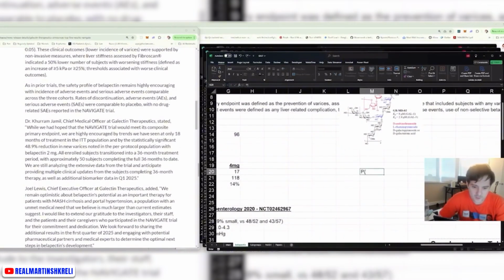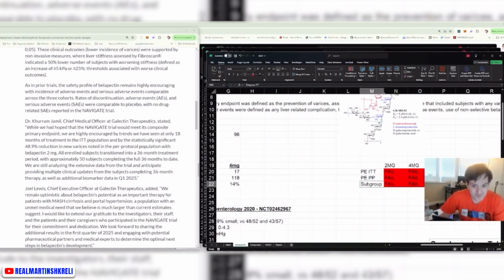There's the primary endpoint for ITT, which is always how it works, right? 2 mgs or 4 mgs. So this was fail, fail. Subgroup ITT, fail, fail.